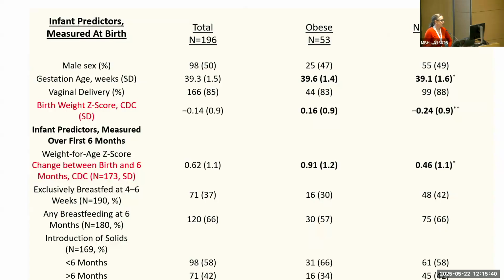So we looked at timing of introduction of solids, whether vaginal delivery or C-section, infant sex, and then the factors in the first 6 months of life. And the ones here that were actually significant, we found birth weight Z-score, and then the Z-score change from birth to 6 months of age, as well as gestational age.